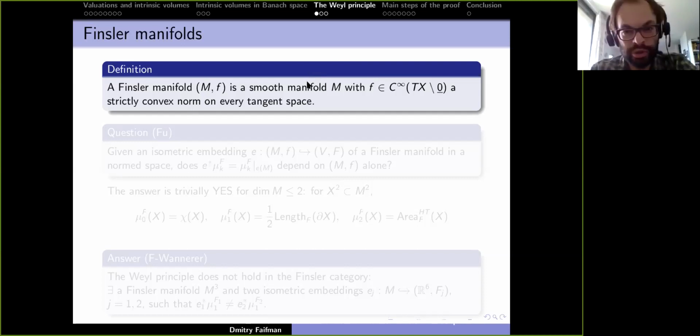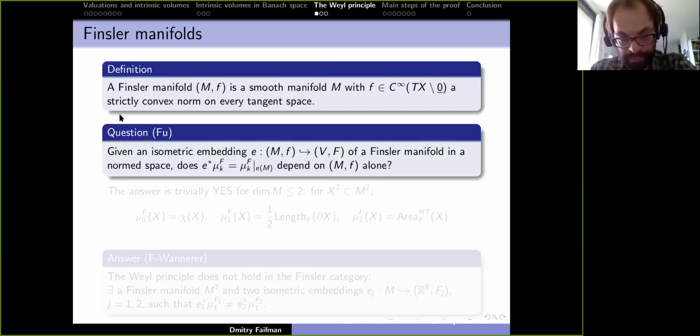And the question that was asked by Joe Fu is, does the Weyl principle extend to this setting? Namely, suppose you have an isometric embedding of a Finsler manifold into a normed space. Then, is the restriction of the k-th intrinsic volume an intrinsic invariant of the Finsler structure?